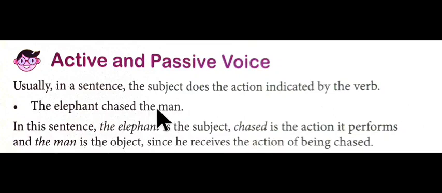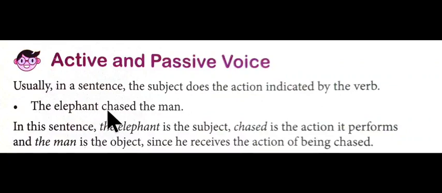Because here the man is receiving the action from the subject, that is the elephant. And what is the action it is receiving? He is being chased. So listen very carefully to what I'm trying to say. Generally in a sentence the subject is the doer of the action. For example, the elephant chased the man. Here the elephant is the subject, and the elephant is doing the action.